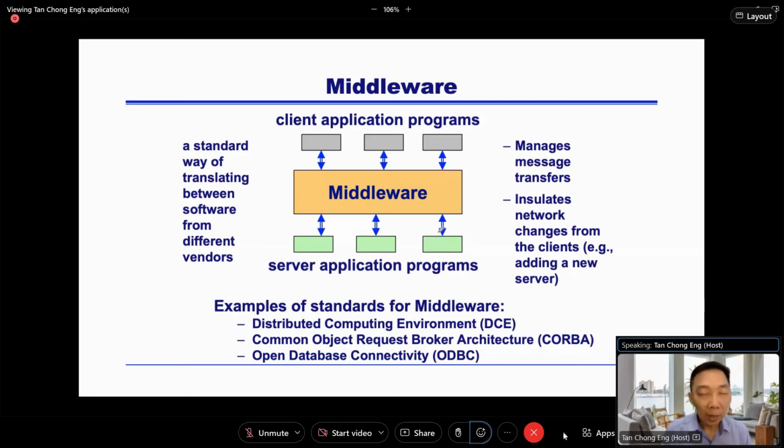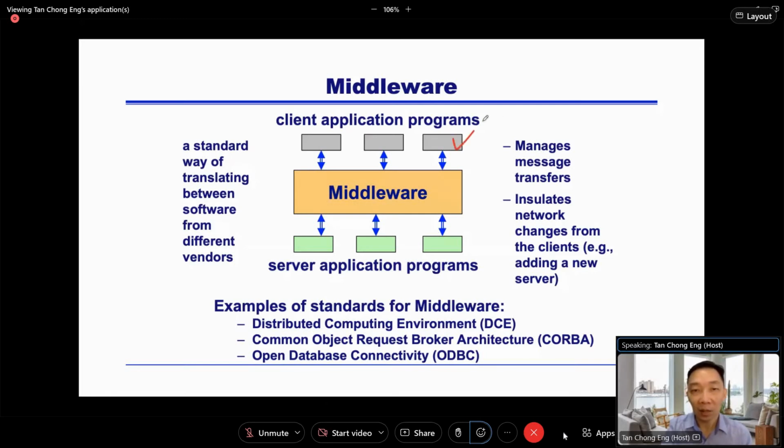And sometimes when we have multiple server applications running at the same time, not all the clients manufactured by different manufacturers will be able to communicate with a different server application program. So in order to reduce that, a middleware has been introduced to act like a translator for your network application architecture, so that all the clients can connect to the server.